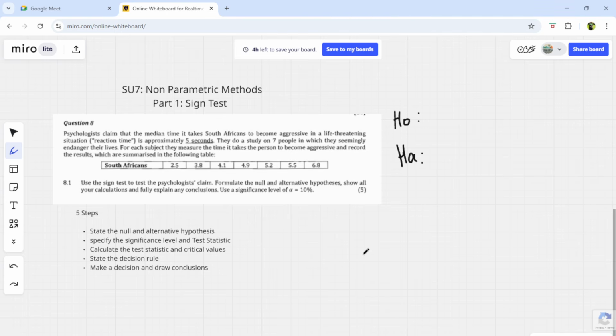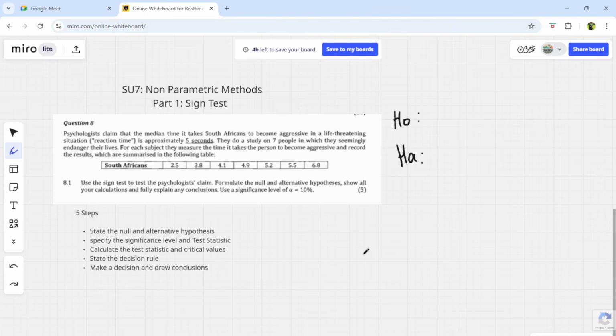Now let's take this example that we have here. It says psychologists claim that the median time it takes South Africans to become aggressive in a life-threatening situation, which is the reaction time, is approximately 5 seconds. They do a study on 7 people in which they seemingly endanger their lives.